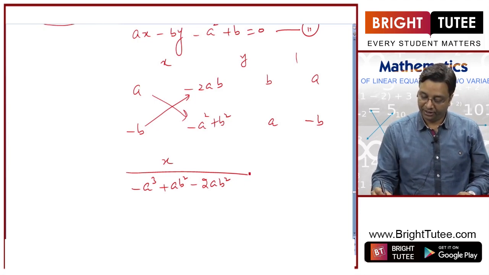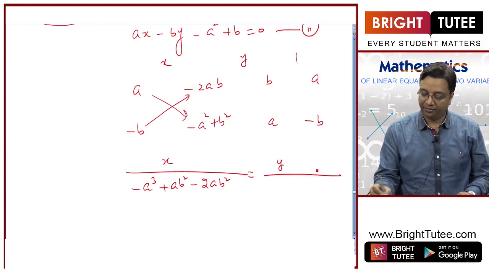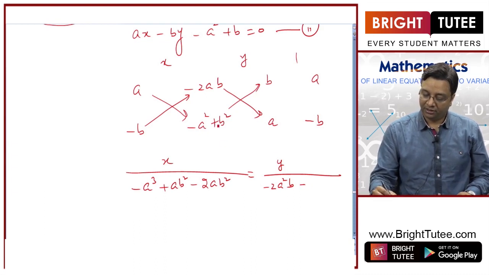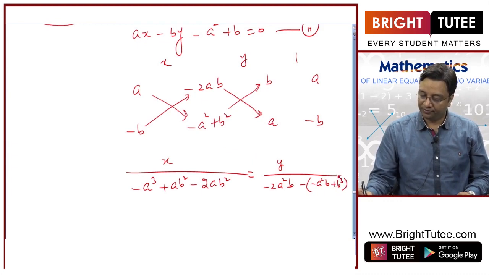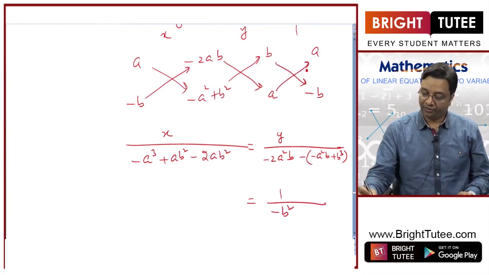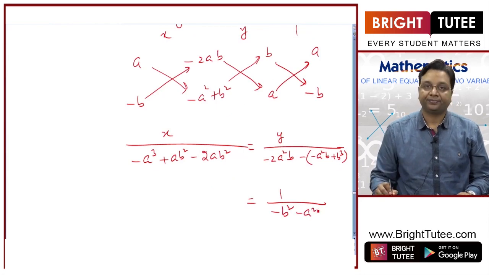It is equal to y divided by this product which is minus 2a square b, and then subtract this. So, minus this is minus a square b plus b cube. It is equal to 1 divided by minus b square minus a square.